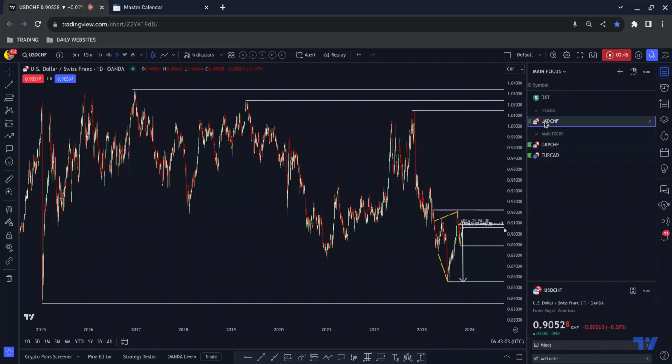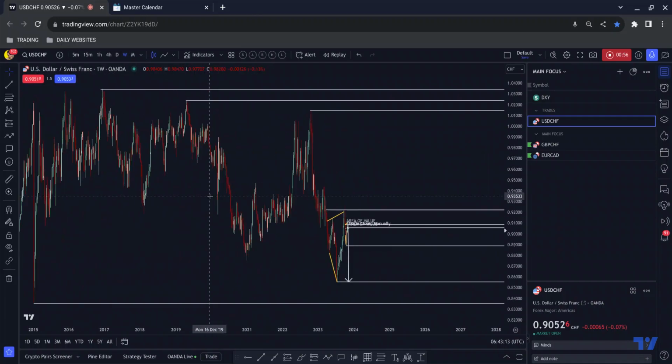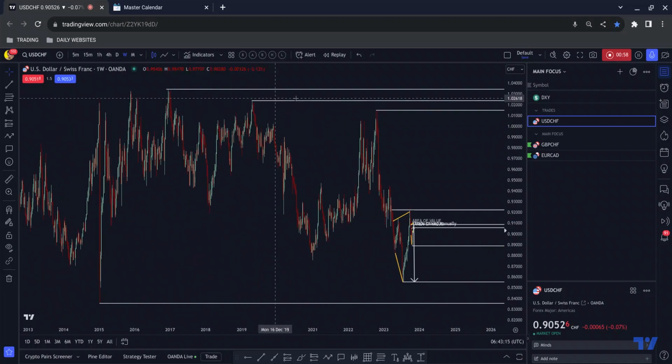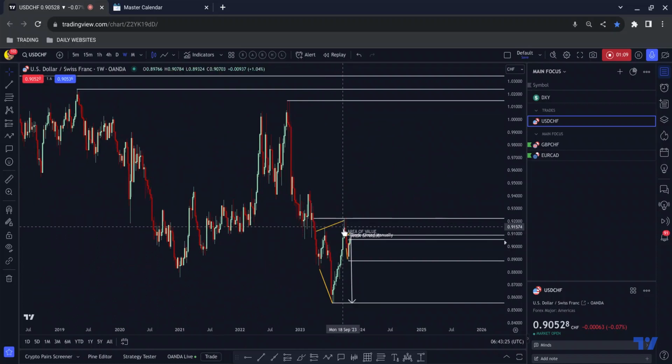Very, very happy with this setup, and I shall explain why in a moment. So Dollar Swiss, why was I looking at this position? If we just zoom out, although we have a series of near misses to the upside, and I've talked previously about how these near misses can often be filled, we were clearly in a run of momentum to the downside because we had this kind of impulse, correction, potential continuation.